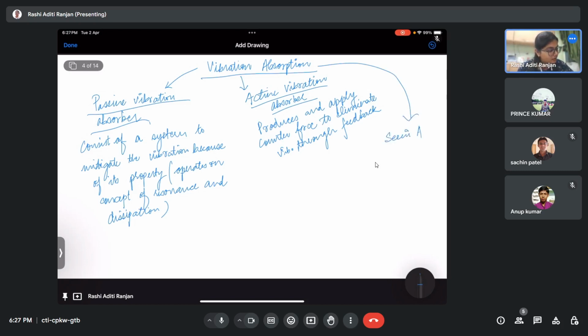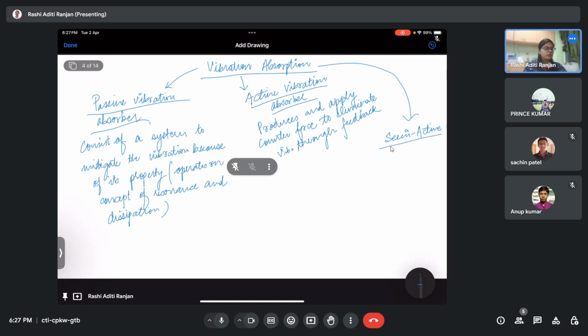Semi-active is not fully passive and it is not fully active. Okay, so it basically takes the properties of both passive and active and then acts in that way.